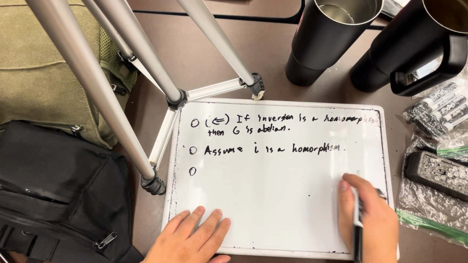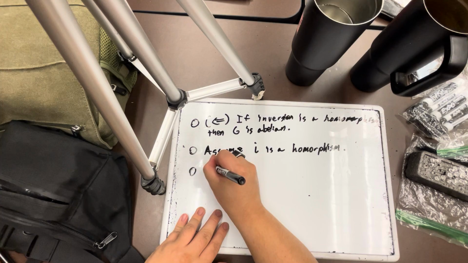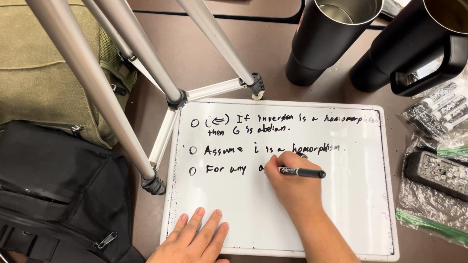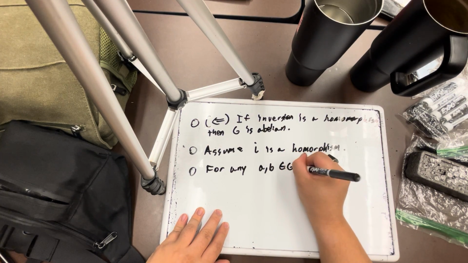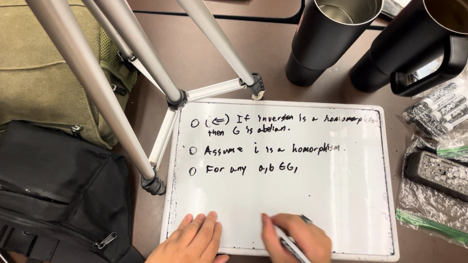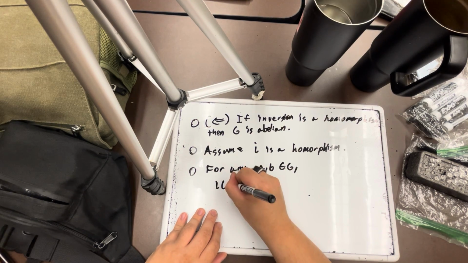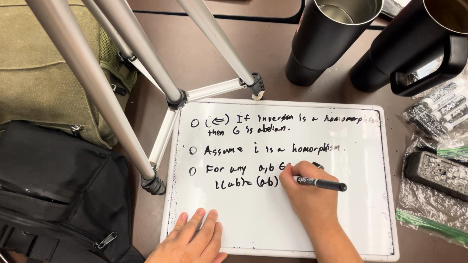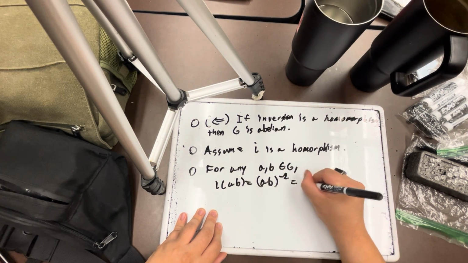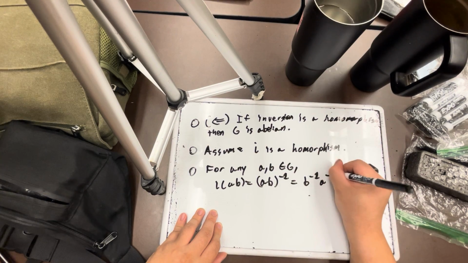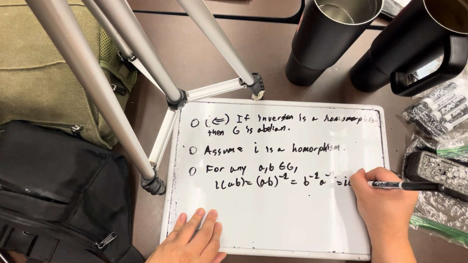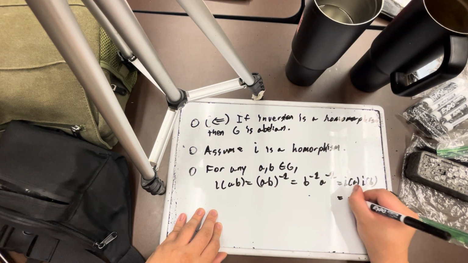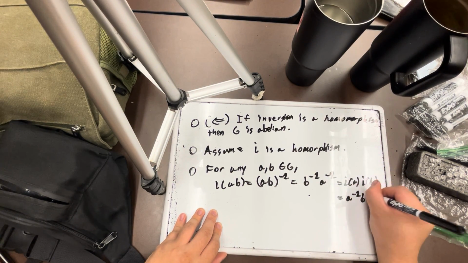Okay, so assume that iota is a homomorphism. Then for any a, b in G, we have that iota of ab is equal to (ab)^-1, which is equal to b^-1 a^-1, and this is equal to iota of a times iota of b, which is actually equal to a^-1 b^-1.